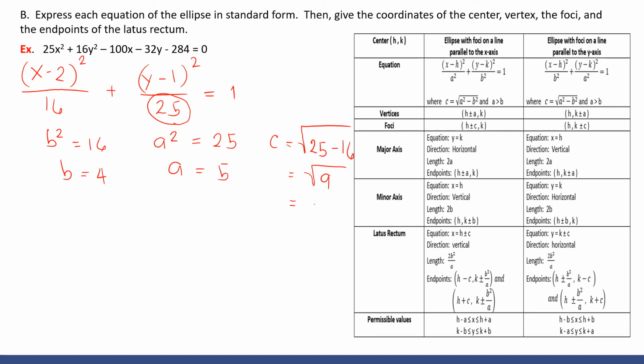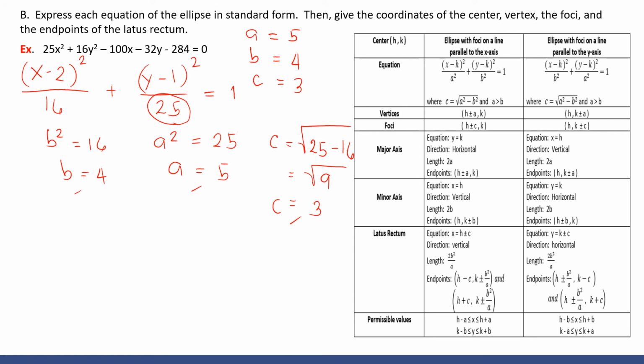Well, the value of C then is 3. So here now are our values of A, B, and C. Okay? So let's put A. What is our A? 5. B is 4. And C is 3.